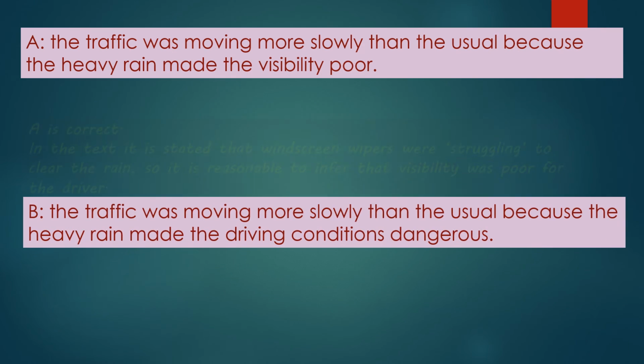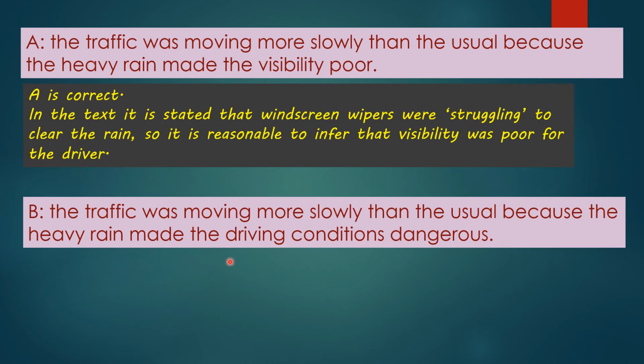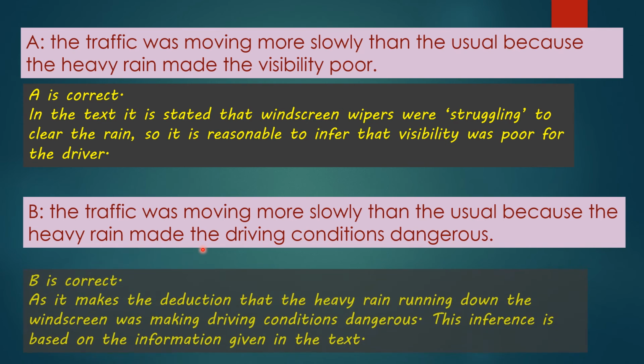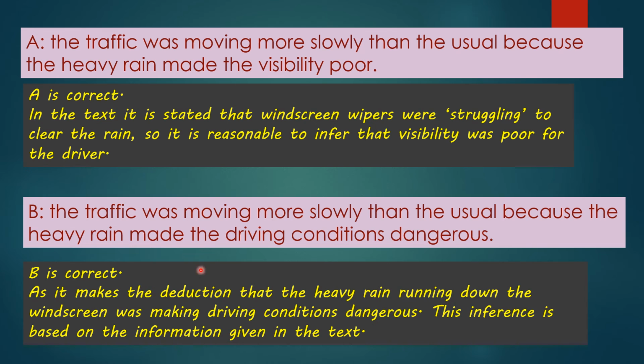The first response will be taken as correct because it is stated in the description that the windscreen wipers were struggling. So this word shows us that the visibility was poor and hence the driving conditions were not feasible for the driver.